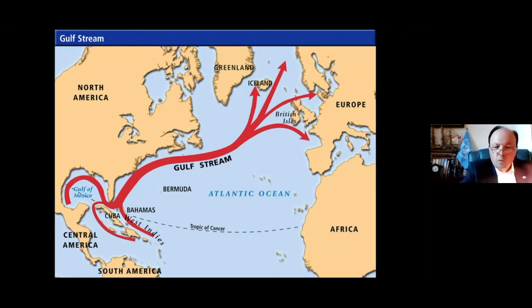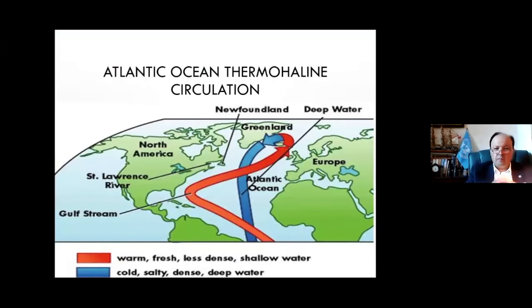But then what happens in other layers of the deep ocean? This is basically what happens in what is called the Atlantic Ocean thermohaline circulation, which is the red band there. It's the Gulf Stream influencing the North Atlantic, and then the North Atlantic sending cooler waters south in the Atlantic.